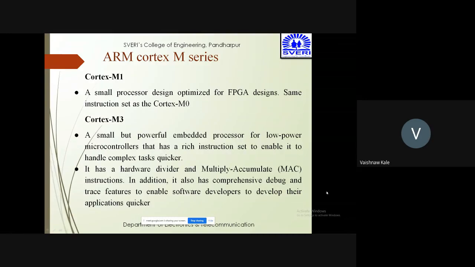Cortex M1 is a small processor again, designed and optimized for FPGA designs, with the same instruction set as M0. Then Cortex M3 is a small but powerful embedded processor for low power microcontrollers that has a rich instruction set to enable it to handle complex tasks more easily. It has a hardware divider and MAC instruction. In addition, it also has comprehensive debug and trace features to enable software developers to develop their applications quicker.